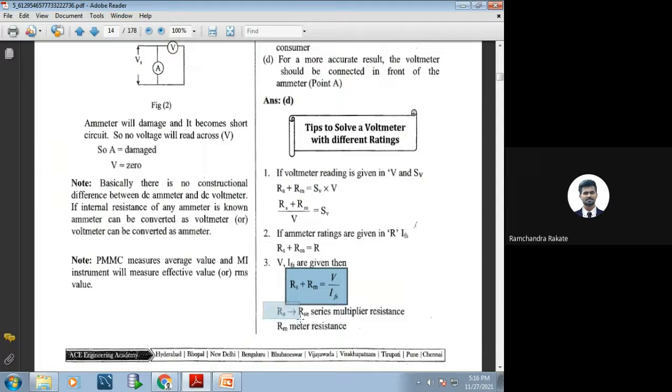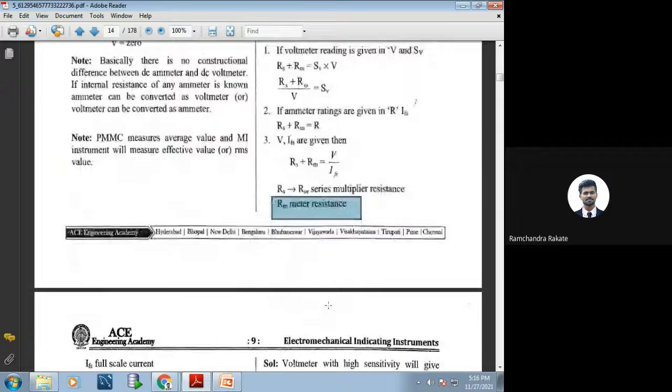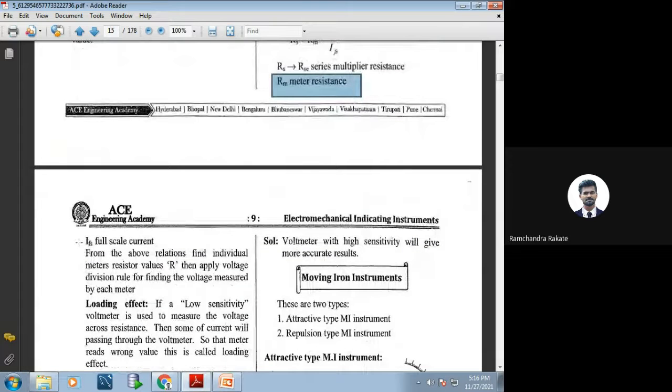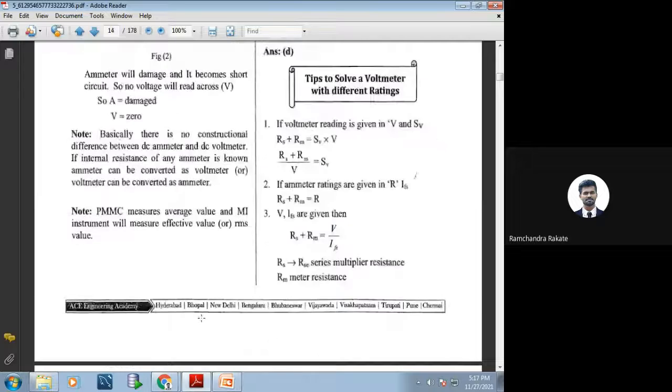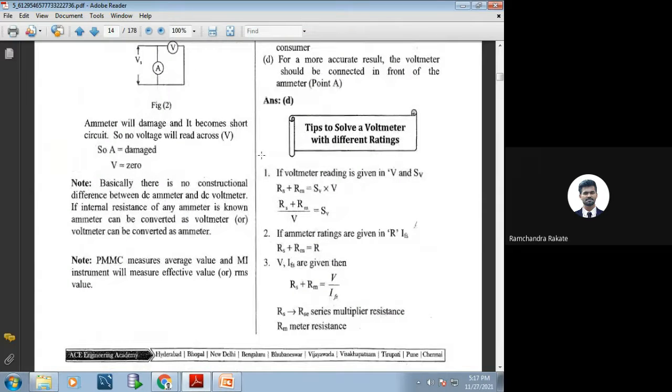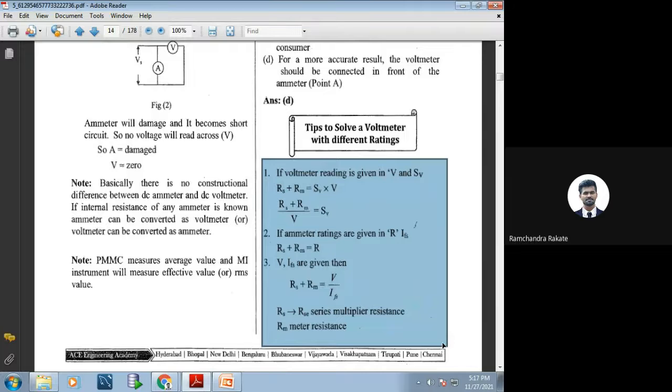RS is the series multiplier resistance, and RM is the meter resistance. Got it? IFS is the full scale deflection current. So from our relation, the individual meter resistance RM will come from this equation. Try to note this down. These are the most important tips from a GATE point of view.